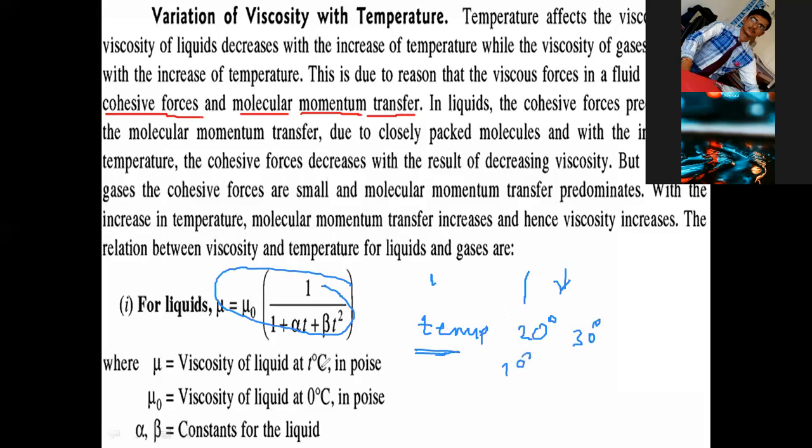So with the help of this formula, mu is equal to mu0 into 1 upon 1 plus alpha T plus beta T square. T is that particular temperature at which we want to find out the viscosity. Everyone understood this?